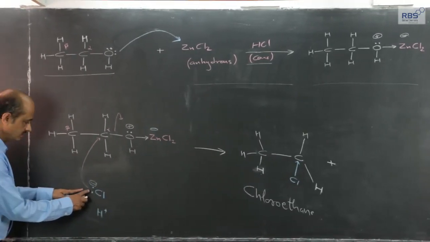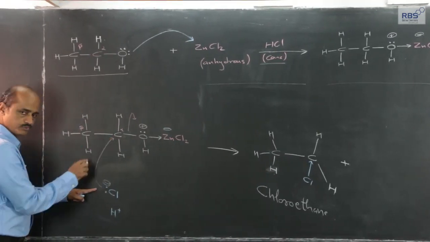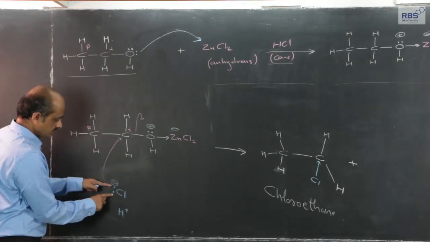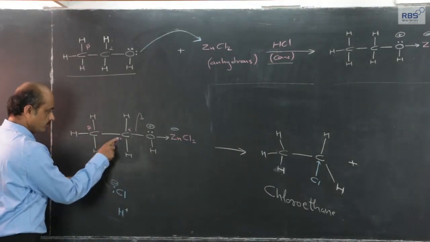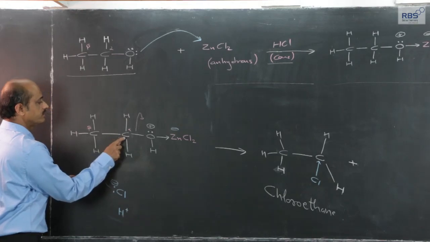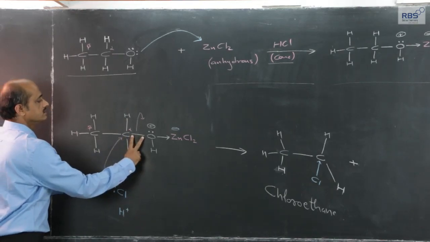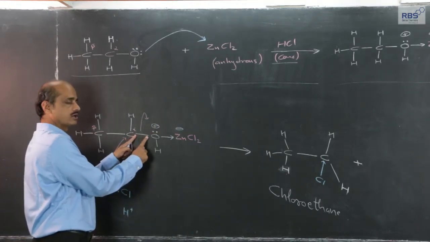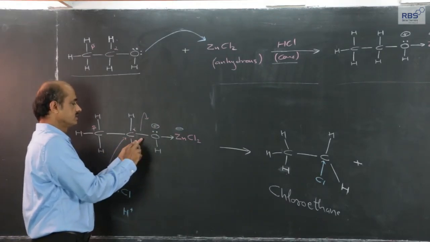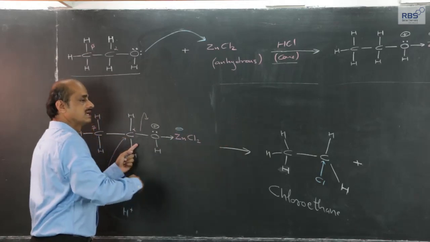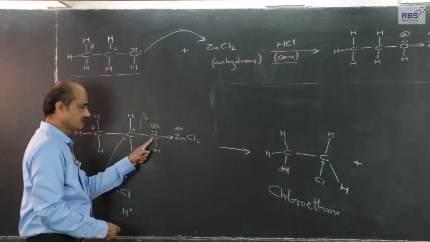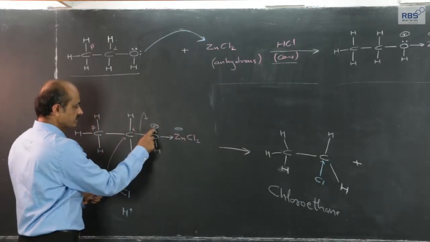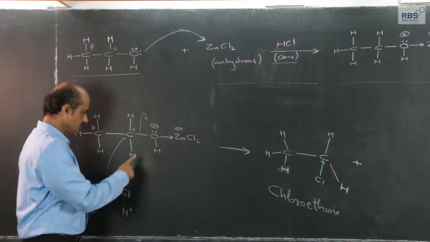Cl minus ion from HCl will attack the alpha carbon from the opposite side. The moment this lone pair forms a shared pair with this alpha carbon, this shared pair goes to oxygen. This heterolytic breaking of the shared pair and complete transfer to oxygen is easy because of this plus charge on oxygen, which is electron deficient.